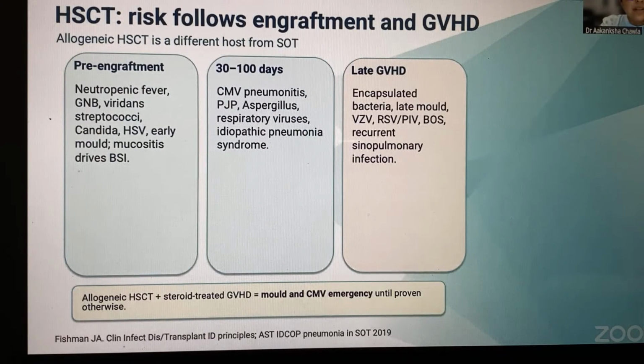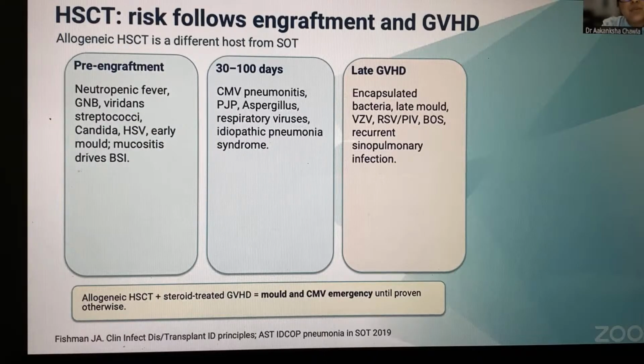After the solid organ transplant, the next set of patients that we often see is the hematopoietic stem cell transplant patients. And these are very different from the solid organ transplant. So pre-engraftment patient can have neutropenic fever, gram-negative bacterial infections, infections with viridans streptococci, candida, HSV, early mold, mucositis, which can drive the bloodstream infection. Between 30 to 100 days, again, more of opportunistic CMV, PJP, aspergillus, respiratory viruses, and even idiopathic pneumonia syndrome.